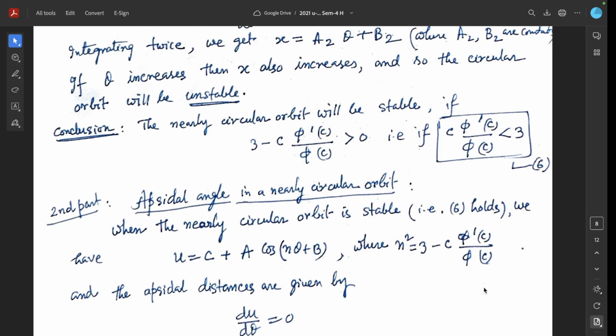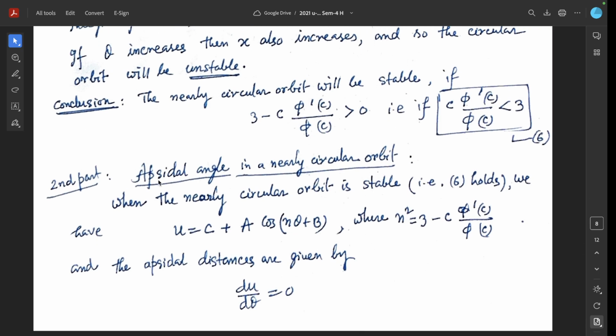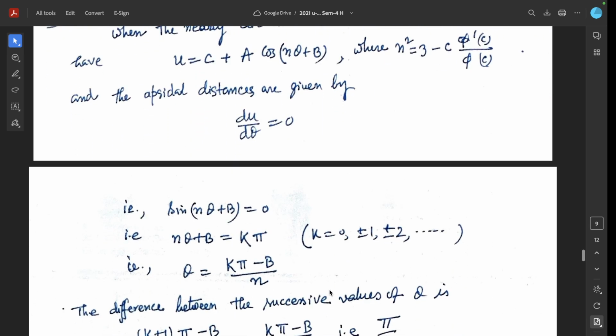Now, for the second part, apsidal angle in the nearly circular orbit. When the nearly circular orbit is stable, we have u equal to c plus a into cos (n theta plus b), where n square equal to 3 minus c phi dash c by phi c. And the apsidal distance is given by du by d theta equal to 0.